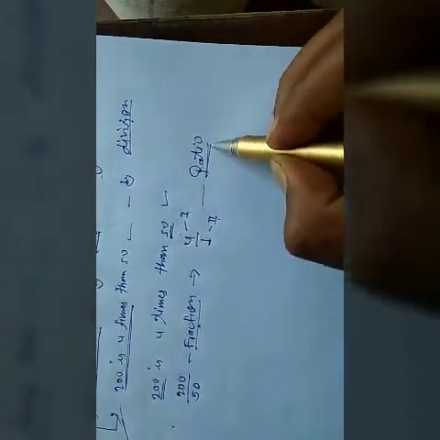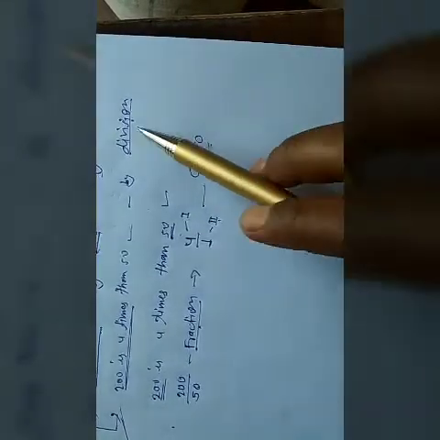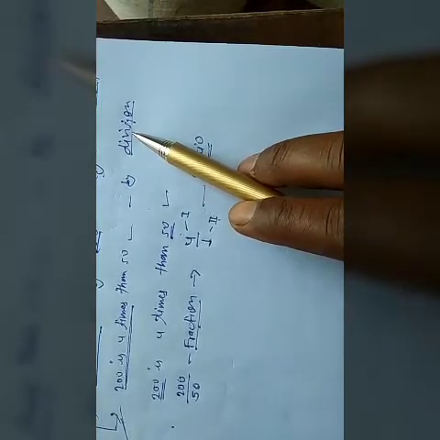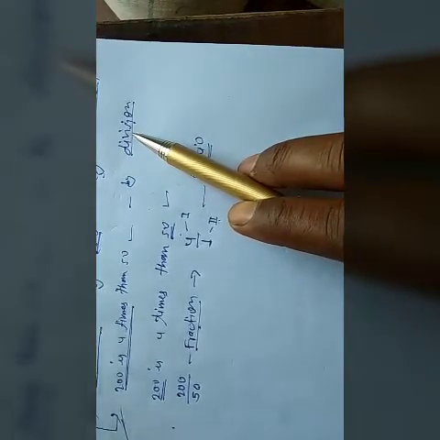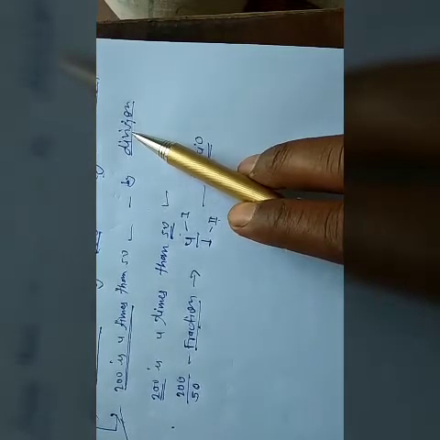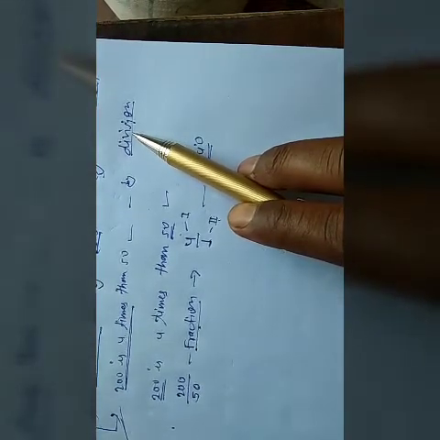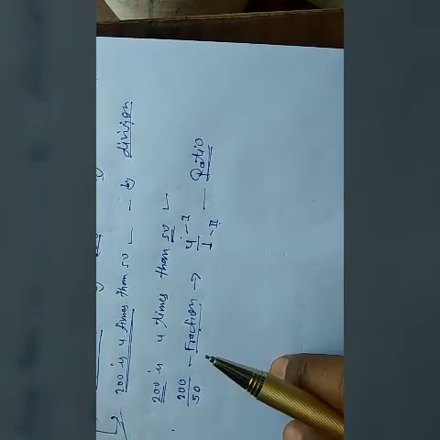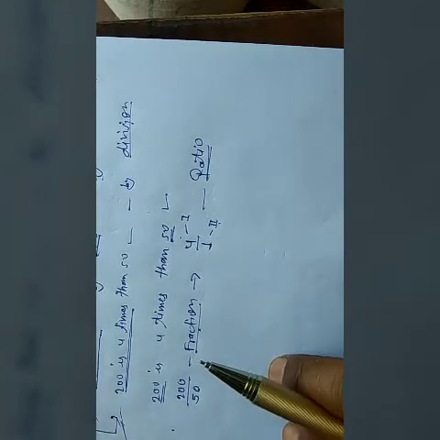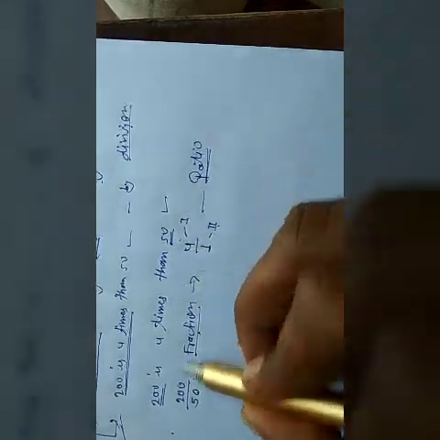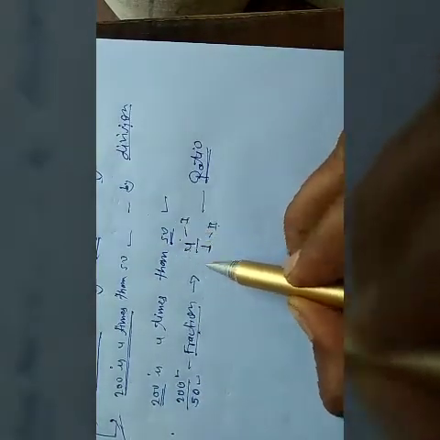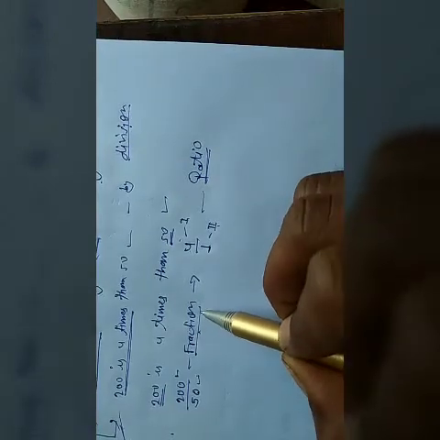When we compare two numbers by the division method, the relation of the two numbers is called a ratio, in which one quantity is divided by the other. So the definition of ratio is the relation of two quantities obtained on dividing one quantity by the other. Ratio is the simplest form of a fraction.